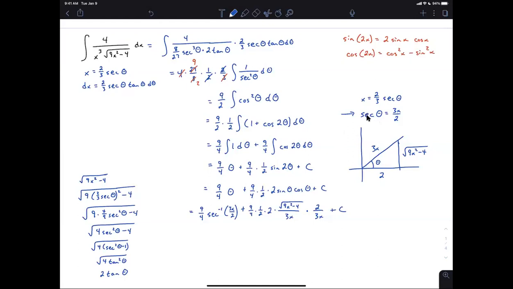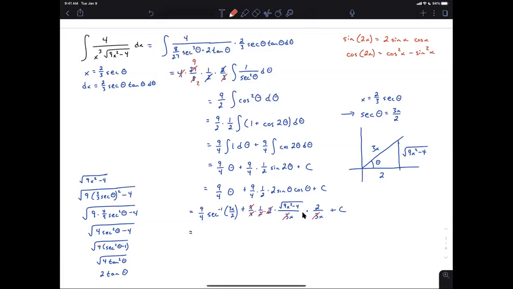So if this was tangent theta equals 3x over 2, we would say, okay, theta is inverse tangent of 3x over 2. Or if it was sine, theta would be inverse sine of 3x over 2. Since it's secant, it's inverse secant of 3x over 2. And now this is an answer, and we just need to simplify. So to simplify this, we'll do this part in red. The 2's here cancel. The two 3's become a 9 and cancel with that 9.